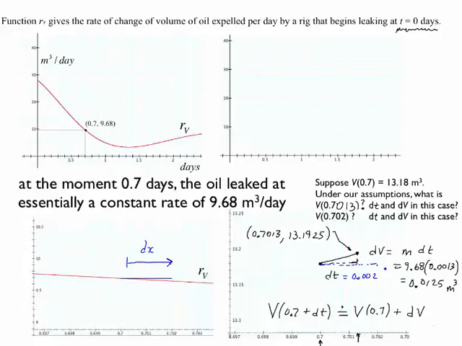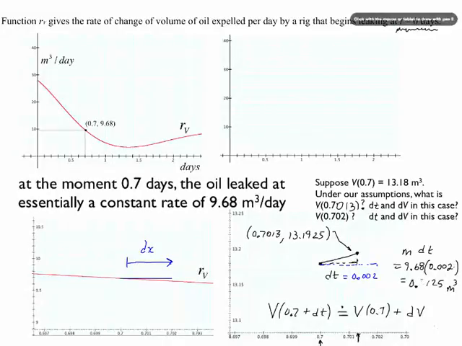How do you calculate the corresponding dV? You want to take 0.002 mdt, right? Because if it's changing at 9.68 meters cubed per day and 0.002 days just went by, to get the meters cubed in 0.002 days, you're just going to do mdt. So 9.68 times 0.002.